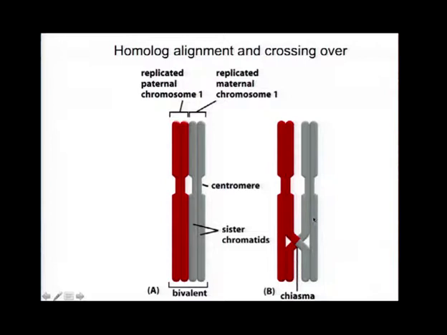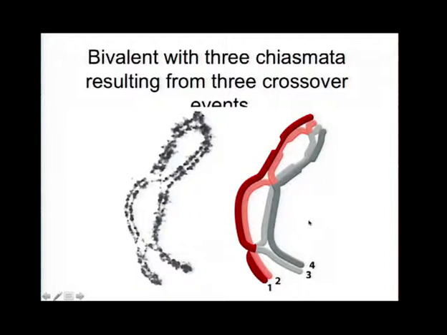And it can do it not just in a single place as indicated schematically, but here, using not a human but a grasshopper chromosome, you can see that there are 1, 2, and 3 places where crossovers are taking place. The paternal here in red and pink is shown there, and the crossing over of gray to the maternal shows you where a molecule has taken on the opposite parent's genetic material.